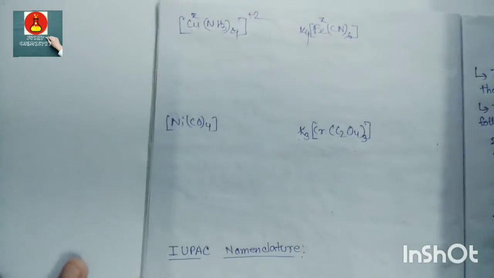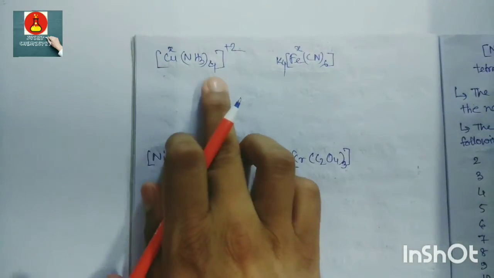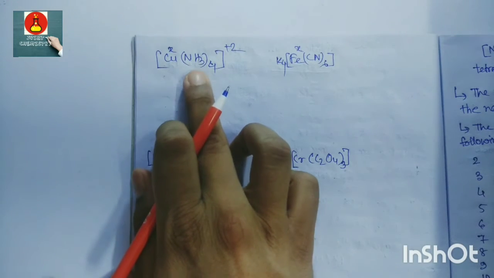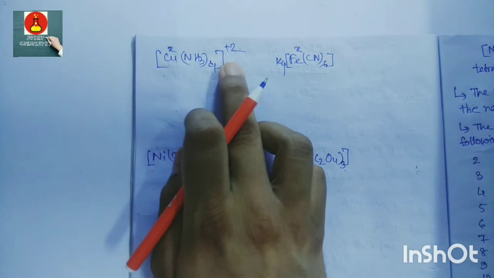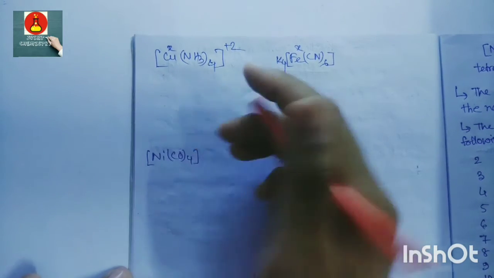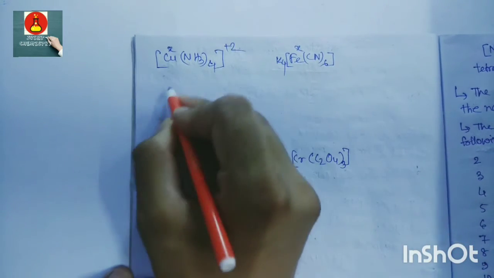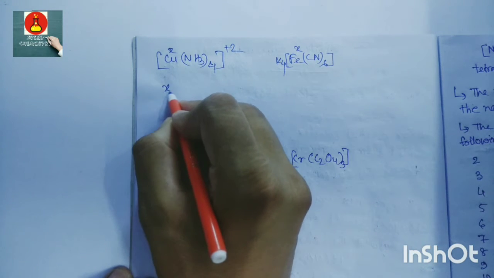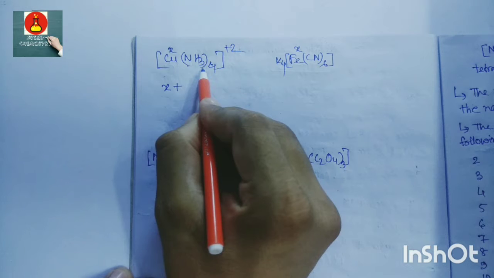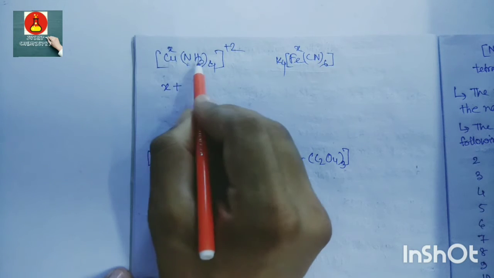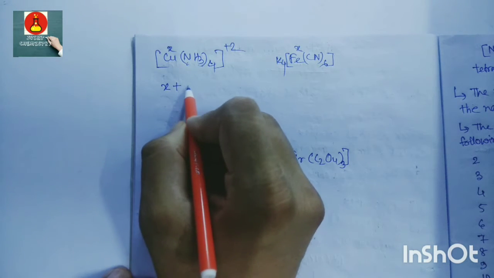So let's do some other examples. Now this is a complex which is a copper tetraammine complex containing +2 charge, right? So this is a complex ion. For a complex ion, the charge of the metal, which let's say is X, plus it is a neutral ligand, as you can see, because it is NH3, so it will contribute 0 charge.